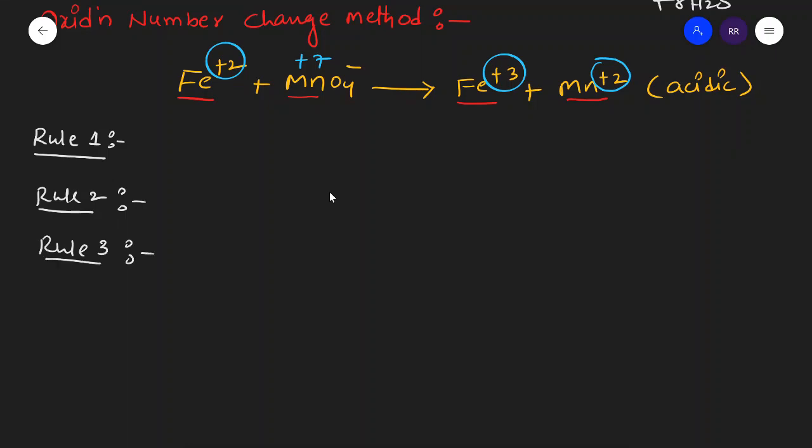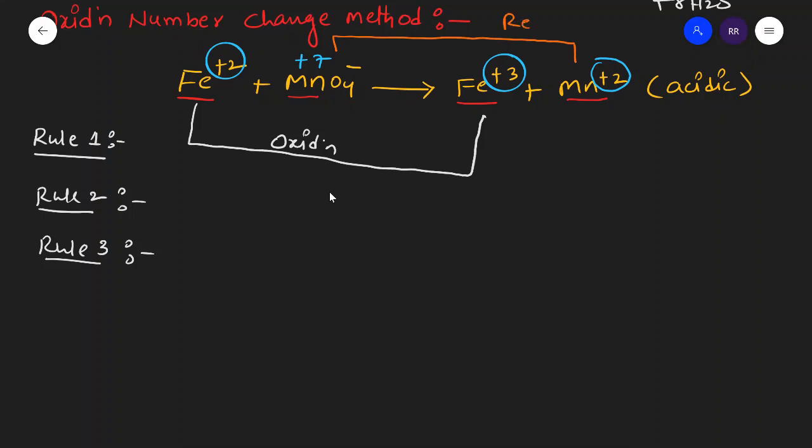We have to draw a bracket for the oxidation process, and the same for the reduction process. For example, the oxidation is what? Fe2+ to Fe3+. It is oxidation. And the reduction is Mn7+ to Mn2+.